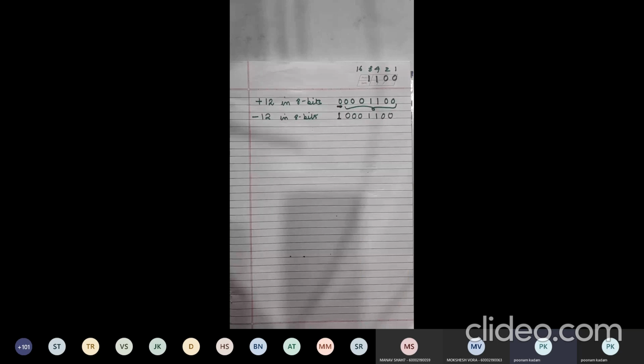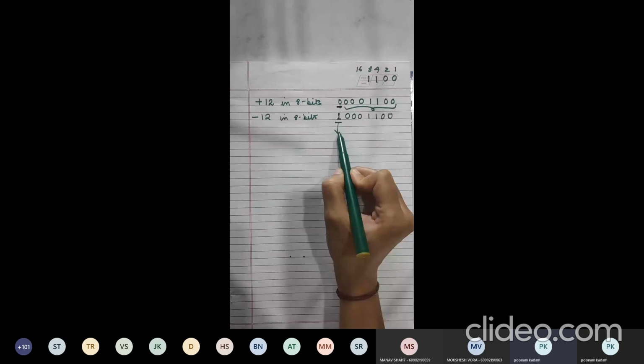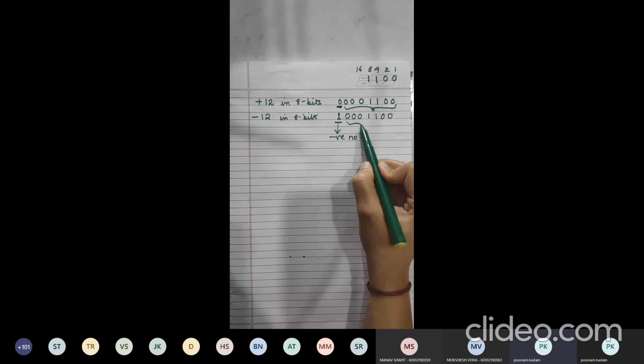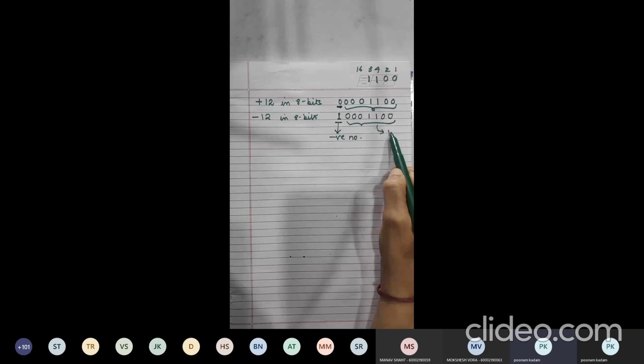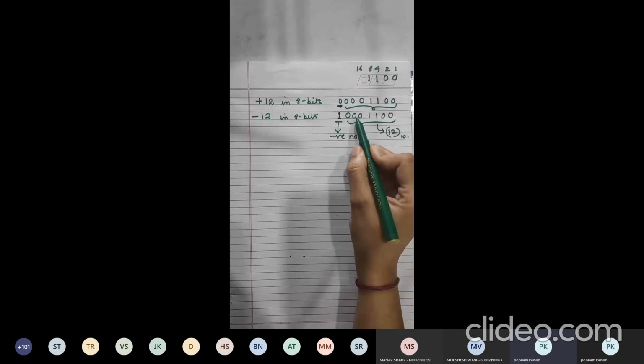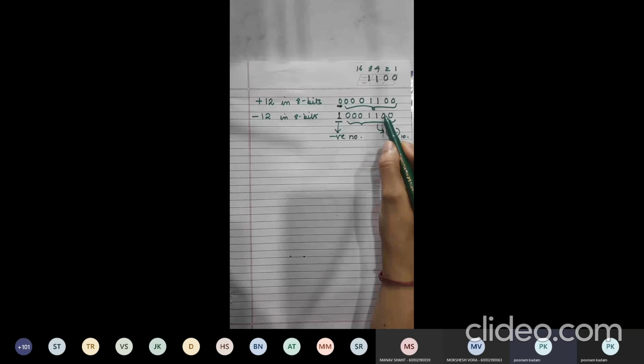So the MSB bit is 1, which means it is a negative number, and the rest of the bits give the value, which is 12 in decimal. So 10001100 is representing decimal number minus 12.